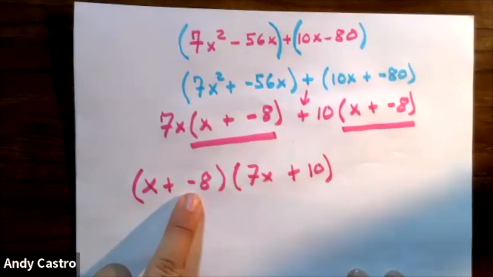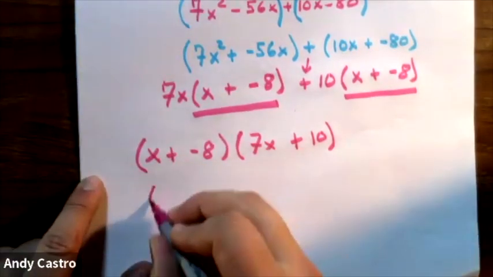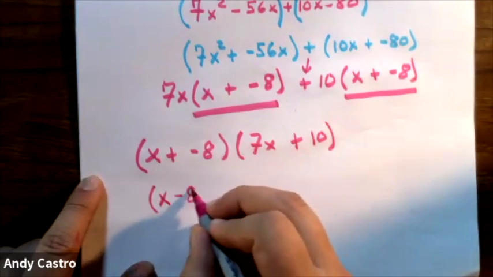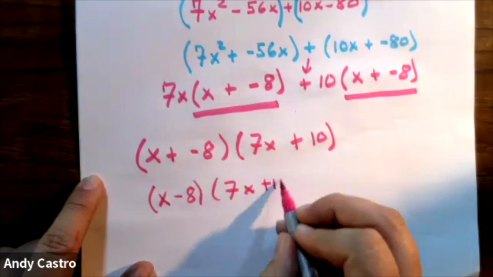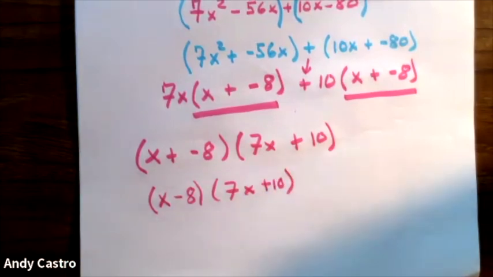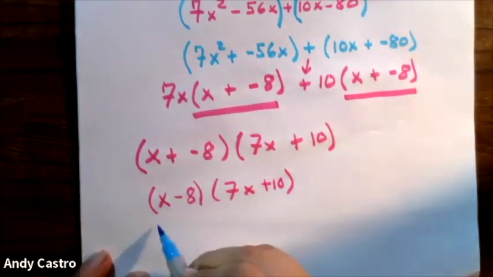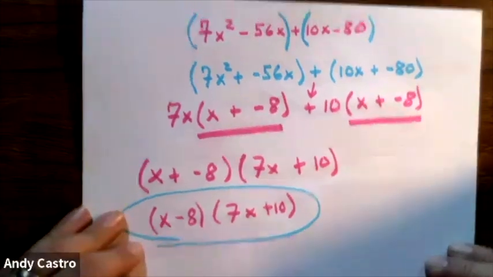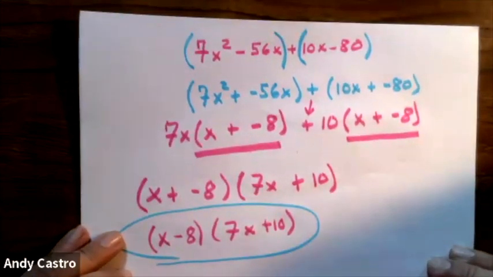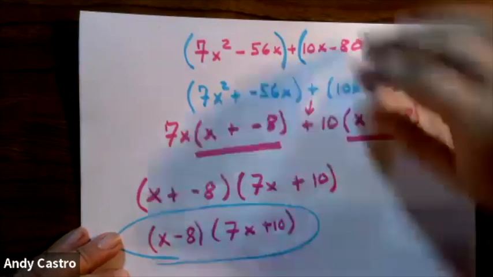All right, and that plus minus is just a minus. So that's x minus 8 times the quantity 7x plus 10. And that is the AC method.